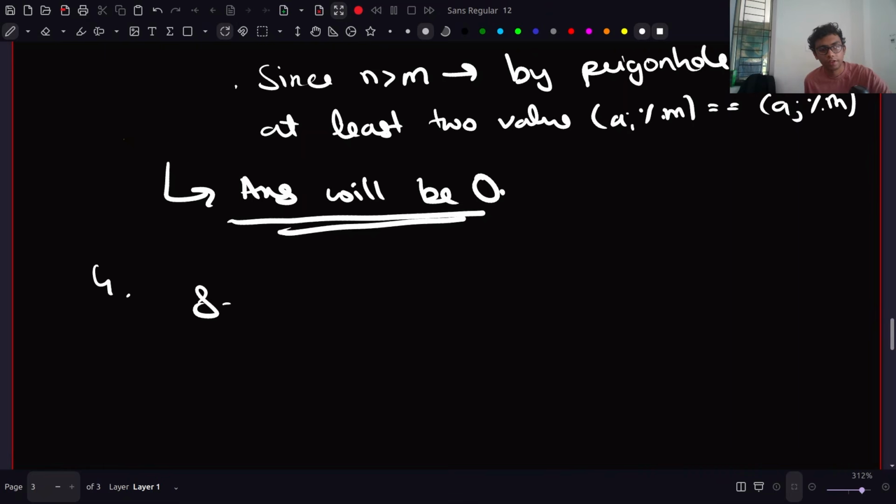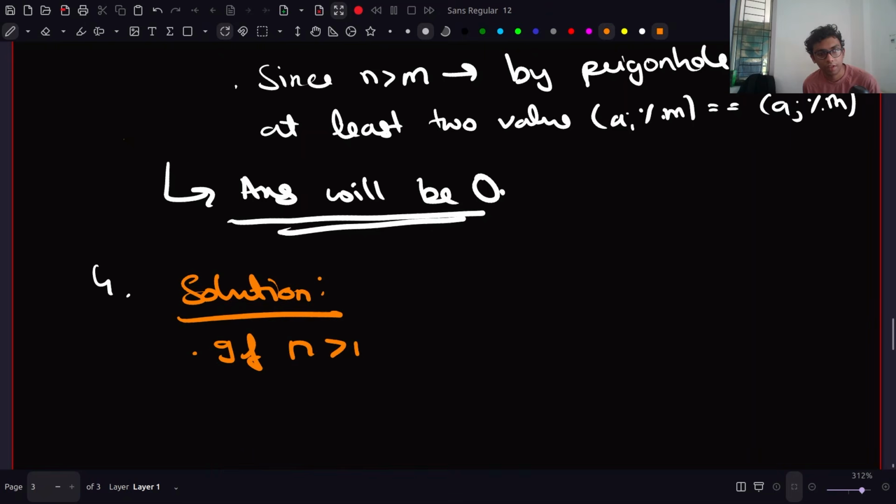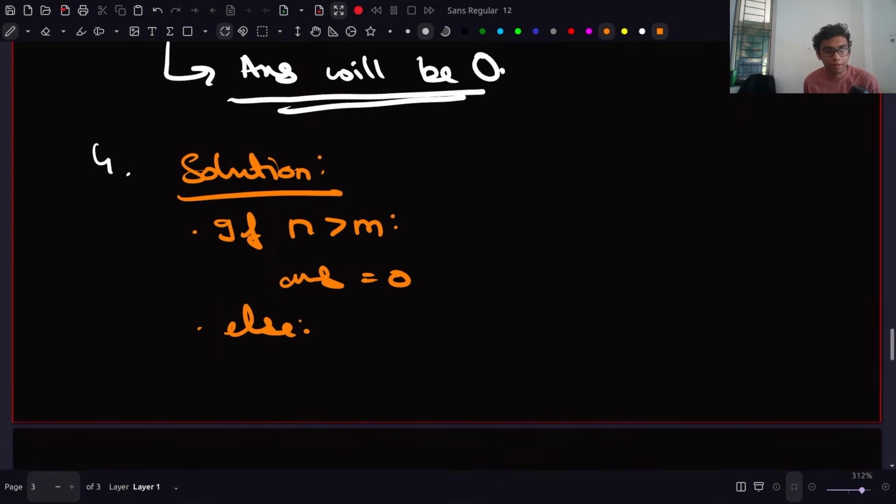So here let me just write the solution. If n is greater than m, the answer is 0, else n will be less than m, which is less than or equal to 1000.